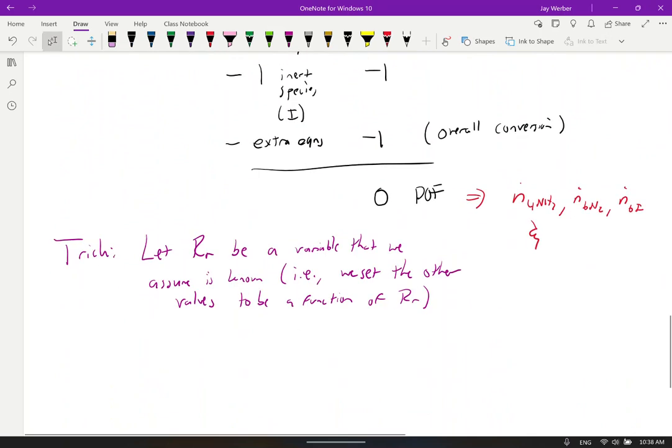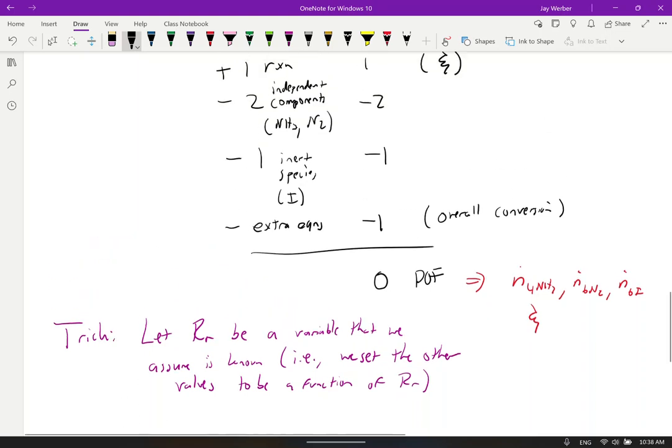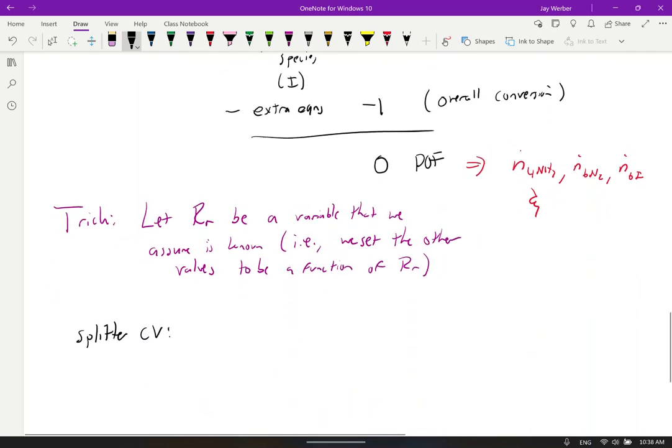So let's look at the splitter CV. So this is stream 5, stream 6, and stream 7. So the number of independent unknowns, because it's a splitter, it's all the same composition, is just 1. And this is just n dot 5, right?